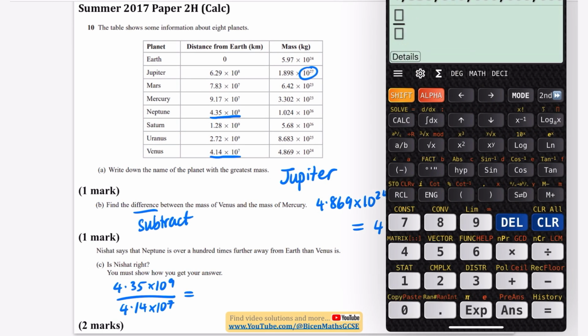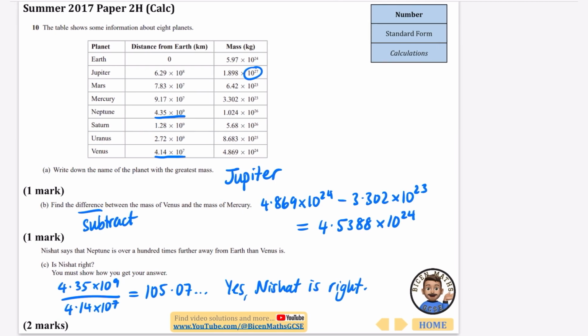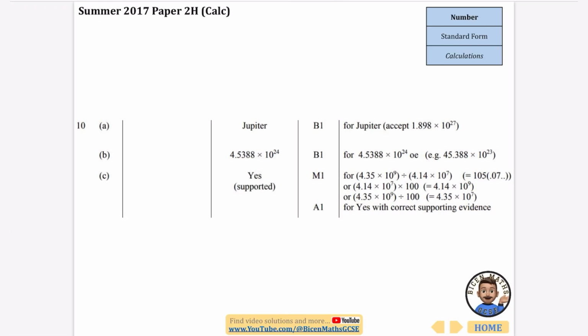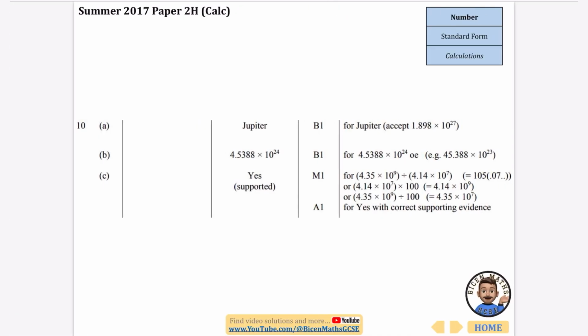So I'll put it in as a fraction, 4.35 times 10 to the 9 divided by 4.14 times 10 to the 7, and we get the answer 105.07 something, which is more than 100 times. So yes, Nishat is right, because it's more than 100. So let's double check these. We got Jupiter, we got 4.5388 times 10 to the 24, and we got yes, with it being supported.